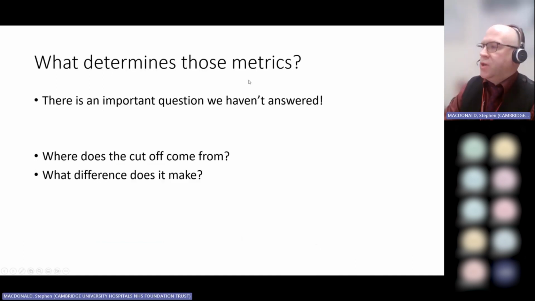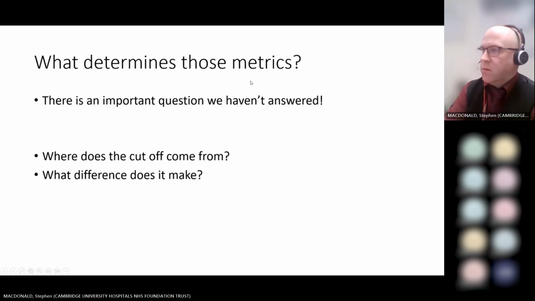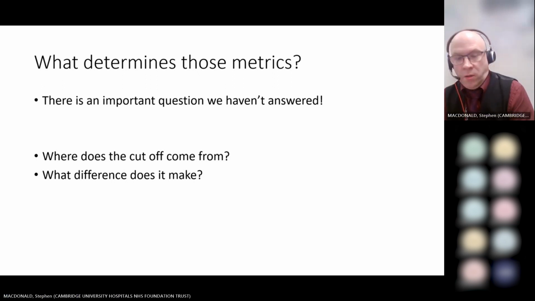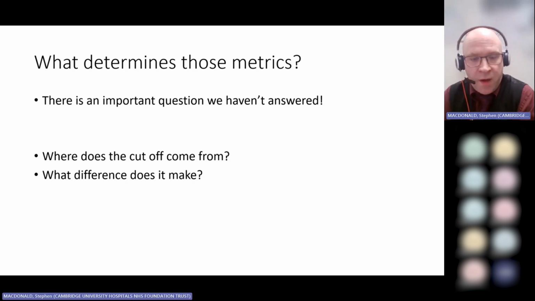But there's an important question that we haven't answered, and those metrics are entirely determined by where the cutoff is. If we move that cutoff, then obviously we're going to get a change in the performance and a change in the specificity. So we always need to know, when we're validating and verifying assays, if we're given a recommended cutoff, either by the published literature or in our instructions for use for the assay, where does that come from?